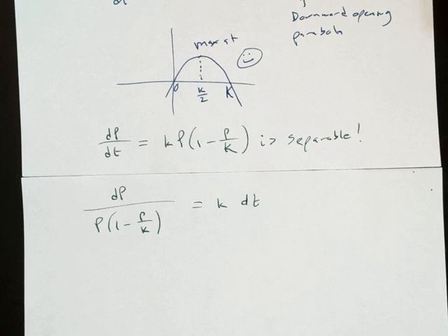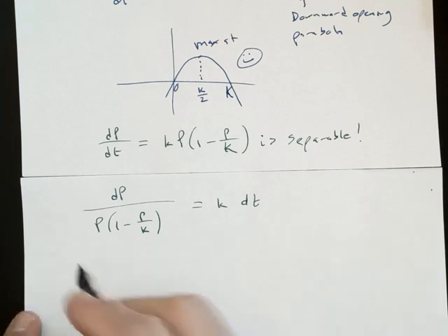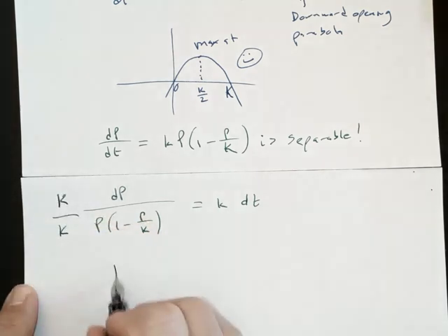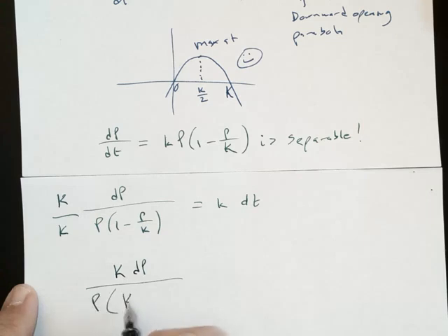All right, if the left side sucks, I need to fix it to make it less sucky. I'm going to multiply by capital K on the bottom and the top. So I get K dP over P times (capital K minus P). I just distributed the K on the bottom into this factor.